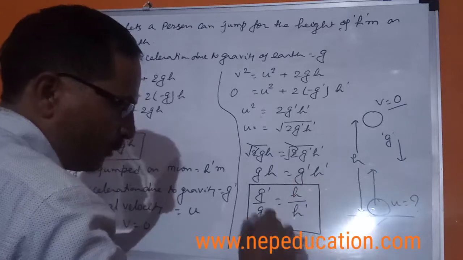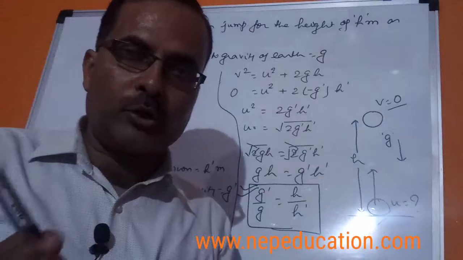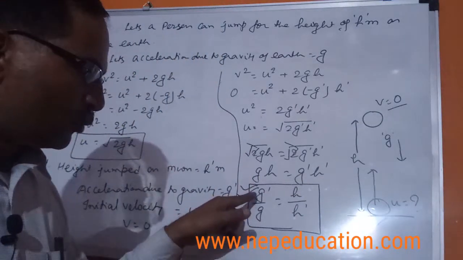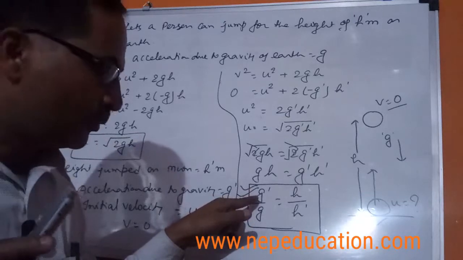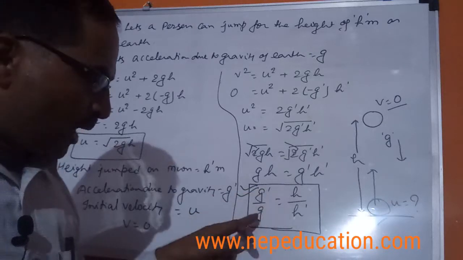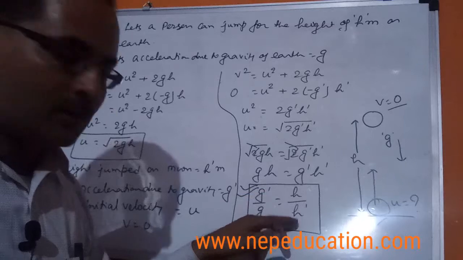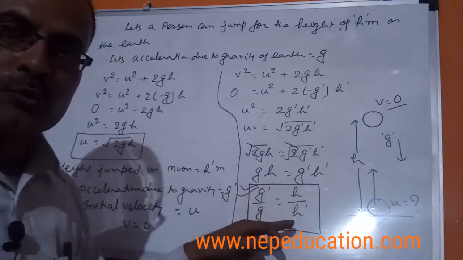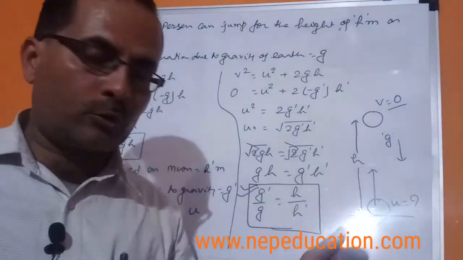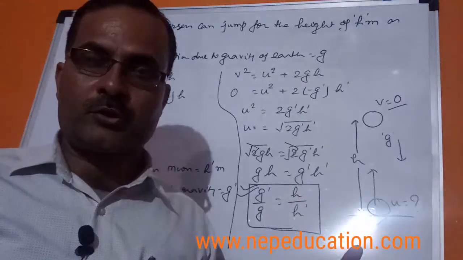This is the formula by which you can compare, suppose, the earth and the moon. On the earth the acceleration due to gravity is 10, on the moon it is 1.66, or 1/6 of the earth. H, the height jumped on the earth, is suppose 2 meter. If you find h dash, you will get 6 times more. So this is the formula we can use to find the different heights jumped by a person on different heavenly bodies.